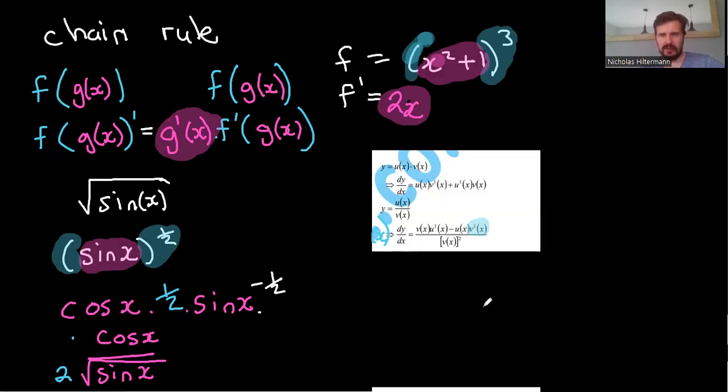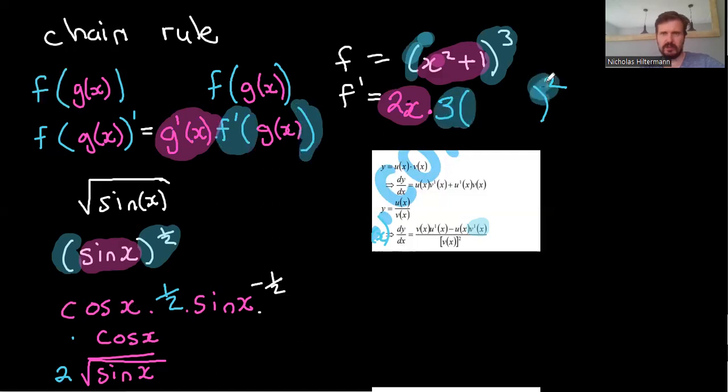So it'll be 3 times the front, which is 3. And then I leave the inside alone. Then I take 1 off the 3, so that's the 2. If I highlight what I'm talking about in terms of the rule, it's that bit there.